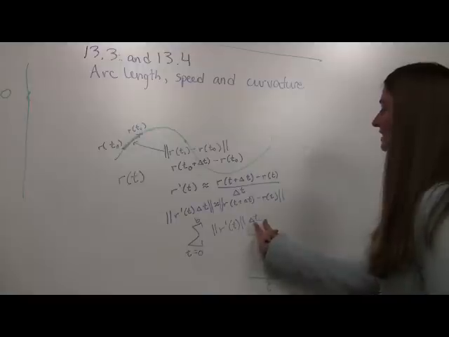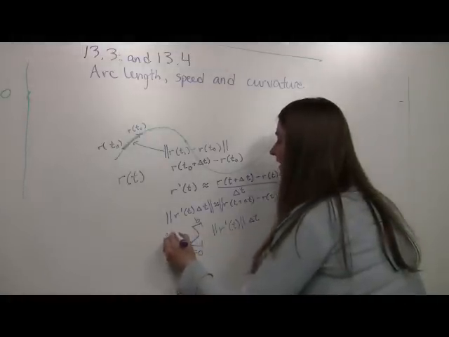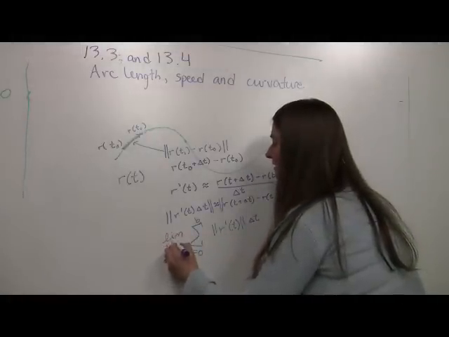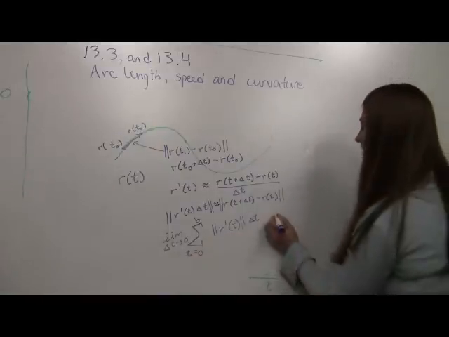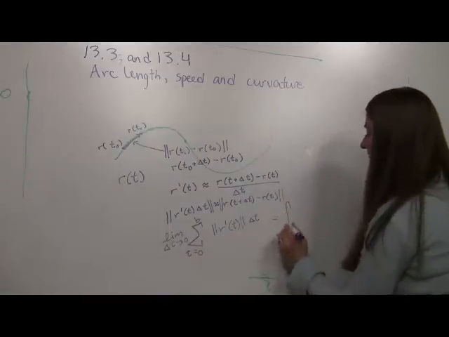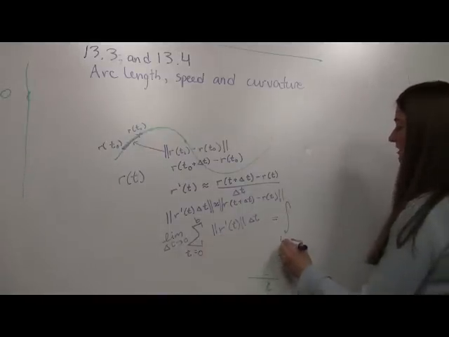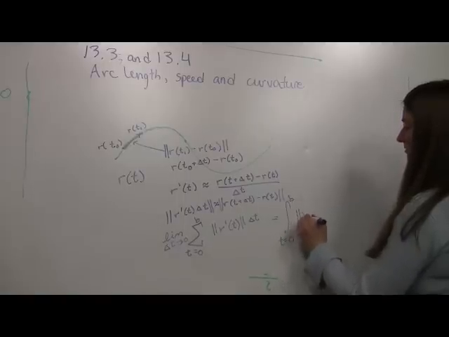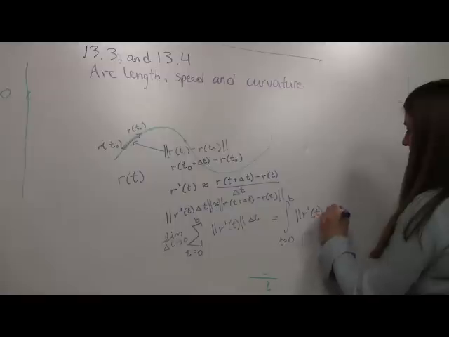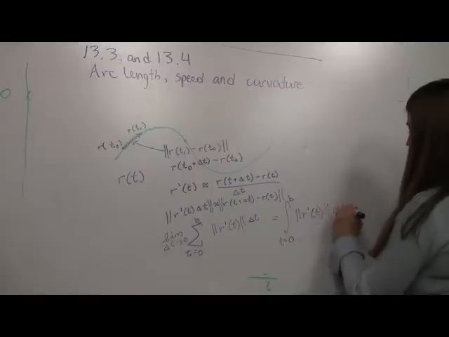Now, as my delta t gets smaller and smaller, I'm going to take my limit as delta t goes to 0. And by the magic of calculus, we can rewrite this as an integral. This is exactly equivalent to the integral as t goes from 0 to b of the magnitude of r prime of t dt.